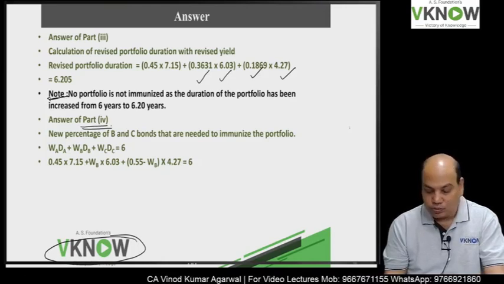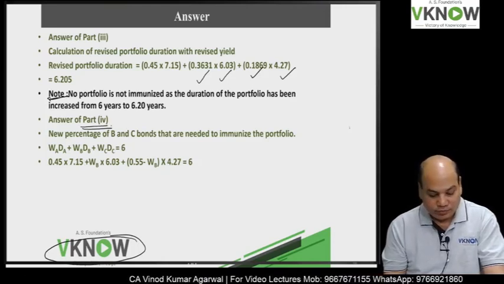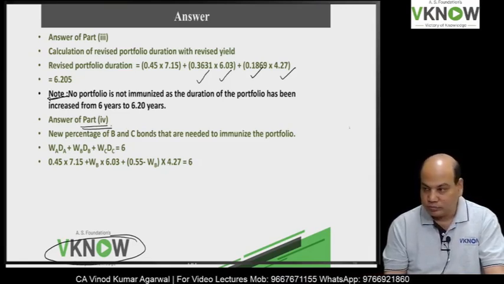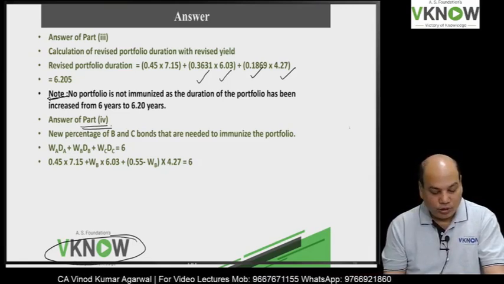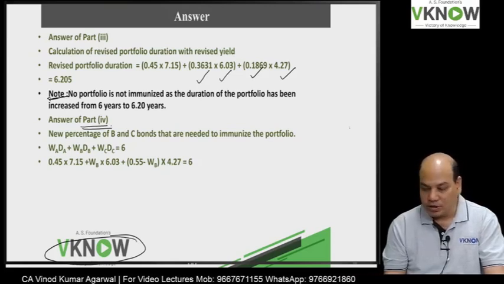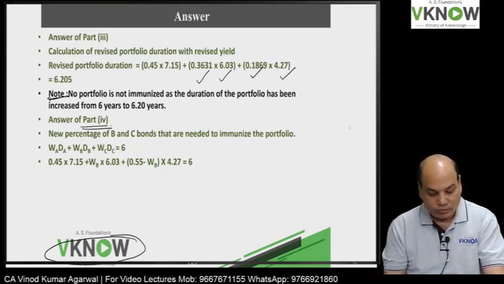Let us say who will give me the answer first. Solve for WB. Students will have to solve, then only I will be able to understand that yes, you are learning.